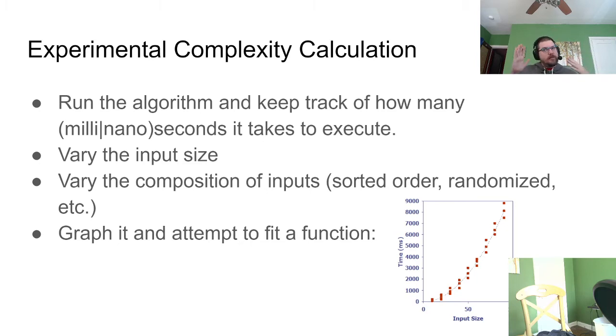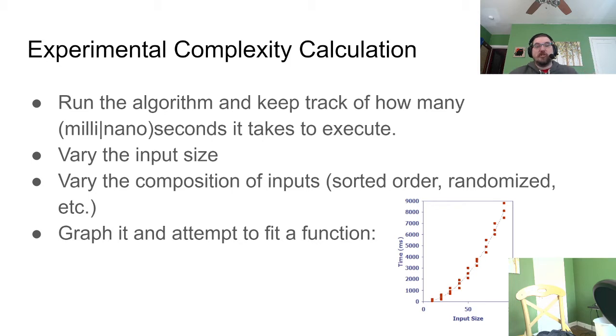What we're interested in is, as we increase the input size, how does the amount of time it takes increase? Our goal is to fit a function to that. Is it linear, like a straight line? This graph looks a little parabolic. What we're interested in capturing is how fast the execution time grows with respect to how much data there is.